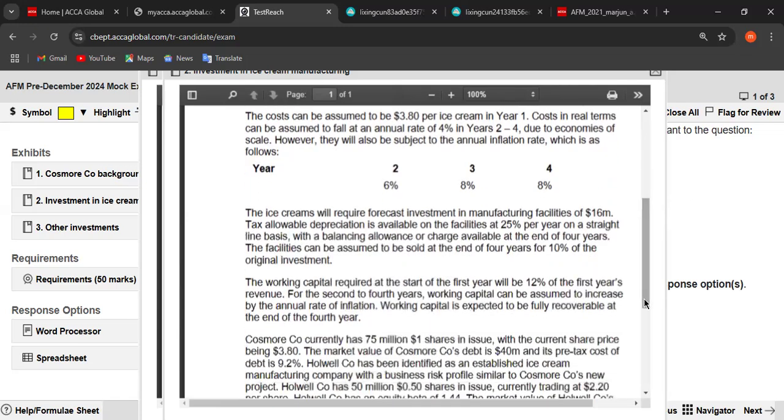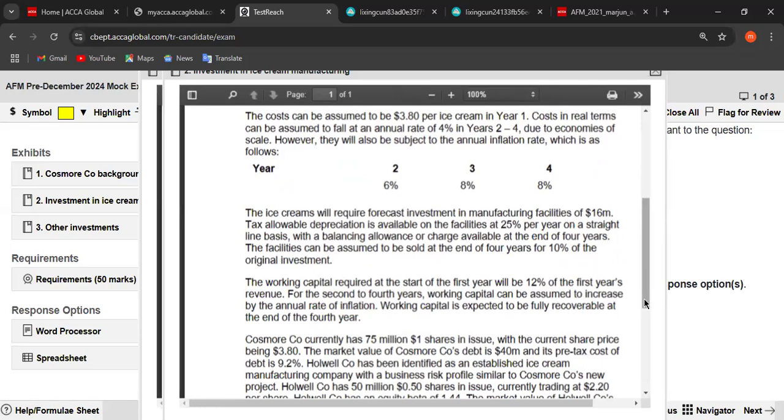Now, the ice creams will require forecast investments in manufacturing facilities of 16 million. Tax allowable deduction is available on the facilities at 25% per year on a straight line basis. With a balancing allowance or charge available at the end, the facilities can be assumed to be sold at the end of 4 years for 10% of the original investments.